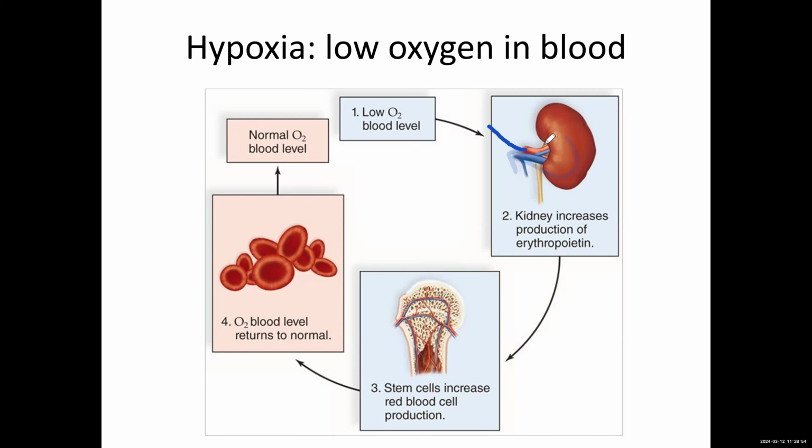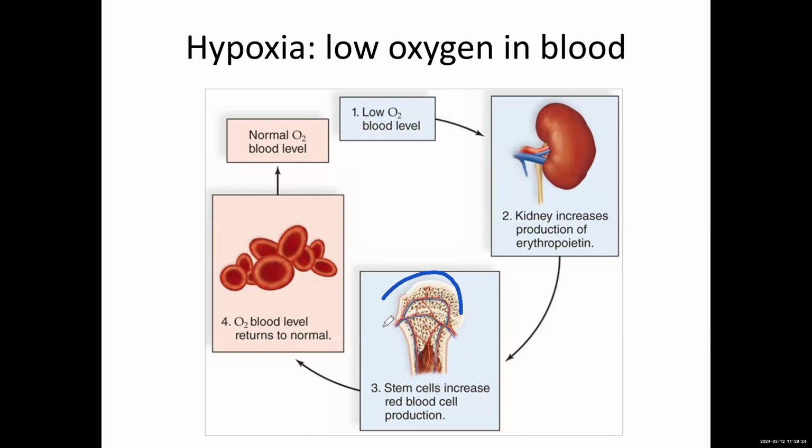In the process, you have special receptors in your kidney that sense low oxygen level. So when the oxygen level in blood is low, the kidney increases production of erythropoietin. Erythropoietin is then released to the blood, and the blood carries it to the spongy bone.